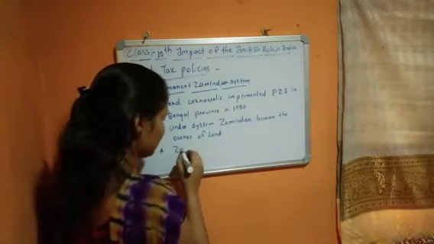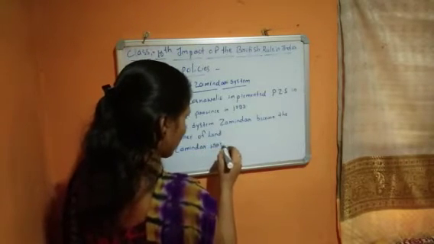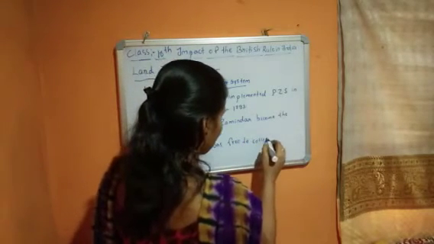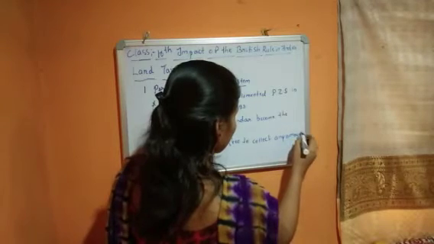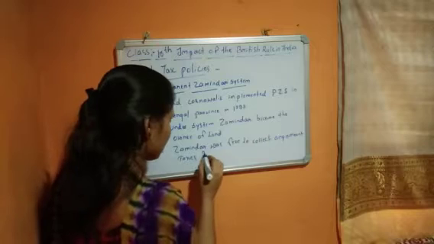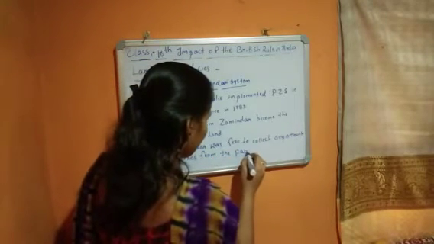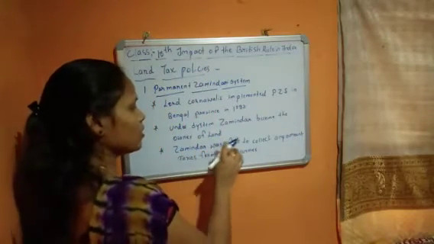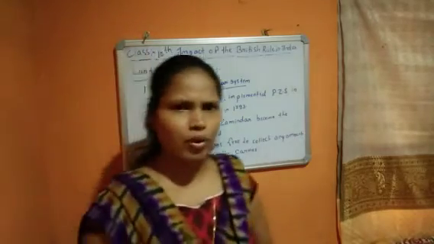The zamindar was free to collect any amount of taxes from the farmers.